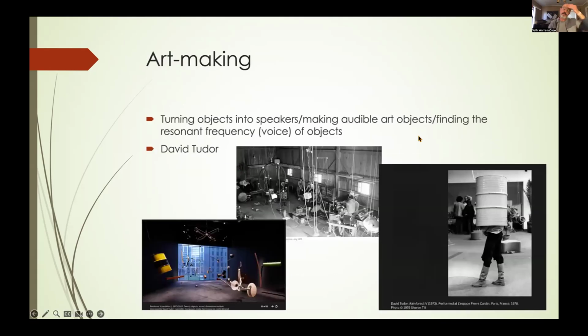And then in terms of the art making side, like I was saying, I've always been super influenced by David Tudor, who worked with John Cage, and one particular piece that he made that was really more like a sound installation than anything else. He was also a concert pianist, extremely classically trained and talented.